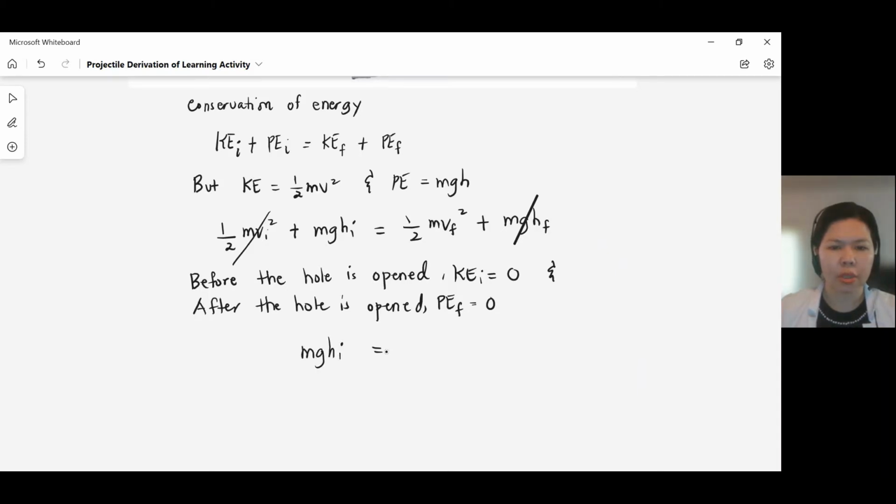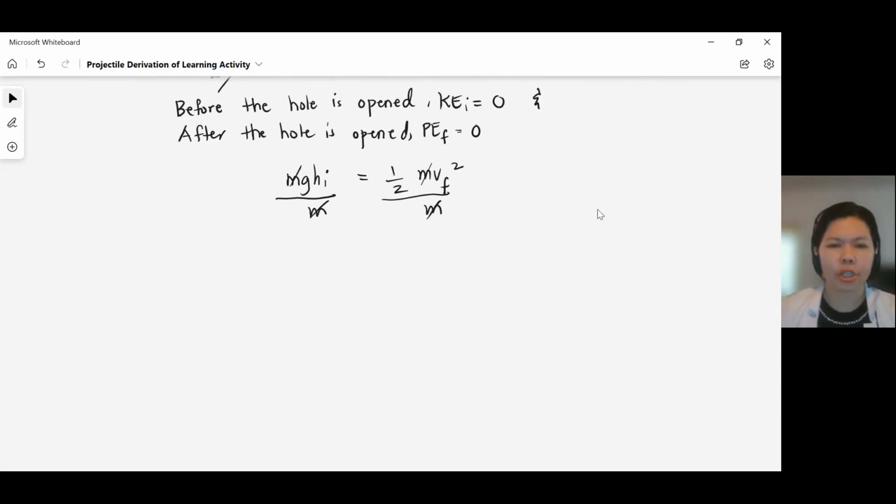So we have m g h initial equals 1/2 m v f squared. Now we divide the entire equation by m. So we are left with g h initial equals 1/2 v f squared.